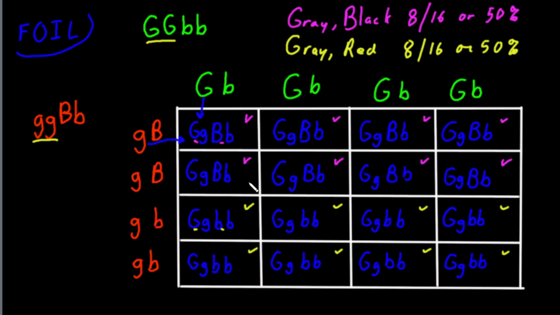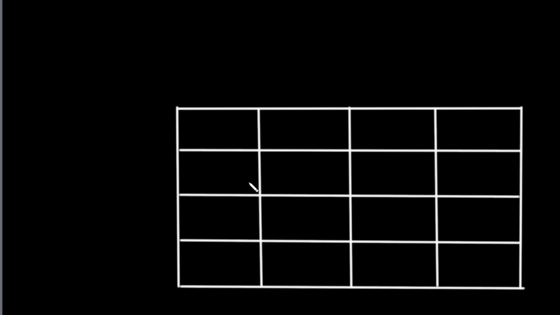Let's move on to number 3. All right, so number 3 says a male rabbit with the genotype G, g, B, b. So it is heterozygous for both traits. A male rabbit that is heterozygous for both traits is crossed with a female rabbit with the genotype, and she's also heterozygous for both traits.